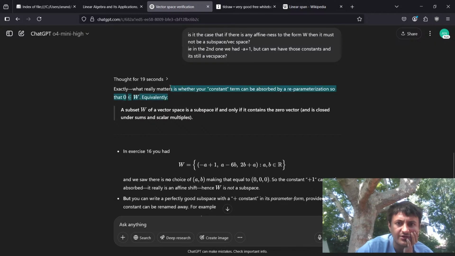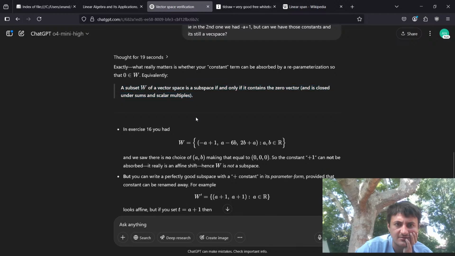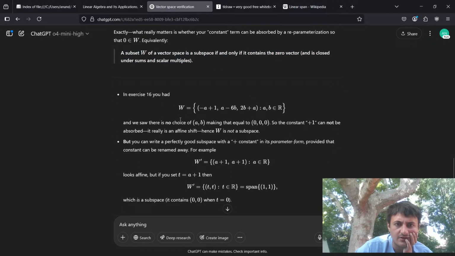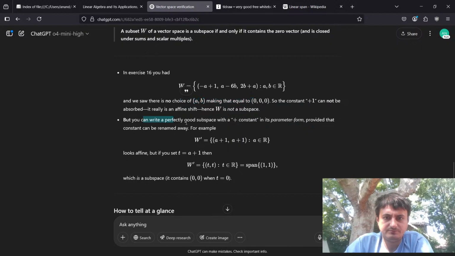What really matters is whether your constant term can be reabsorbed by a reparameterization. The subset is a subspace if and only if it contains a 0 and is closed under sums. So we said there was no choice of A and B that, yes. Oh yeah, right, that's a good example actually. A plus 1, A plus 1.